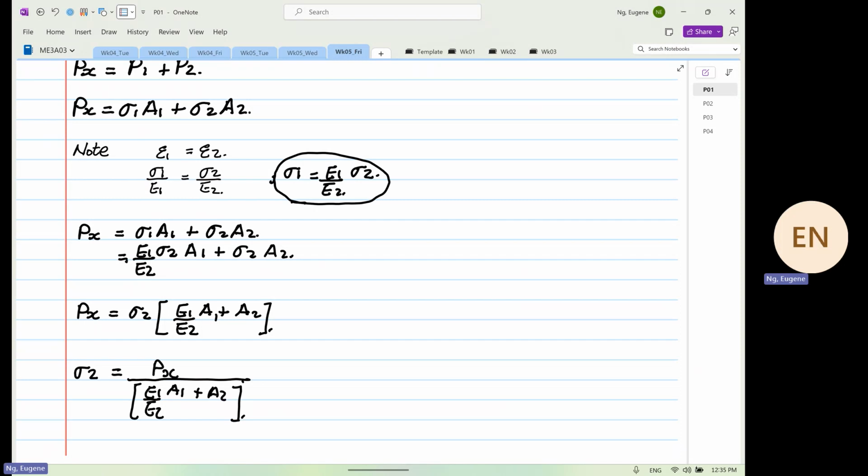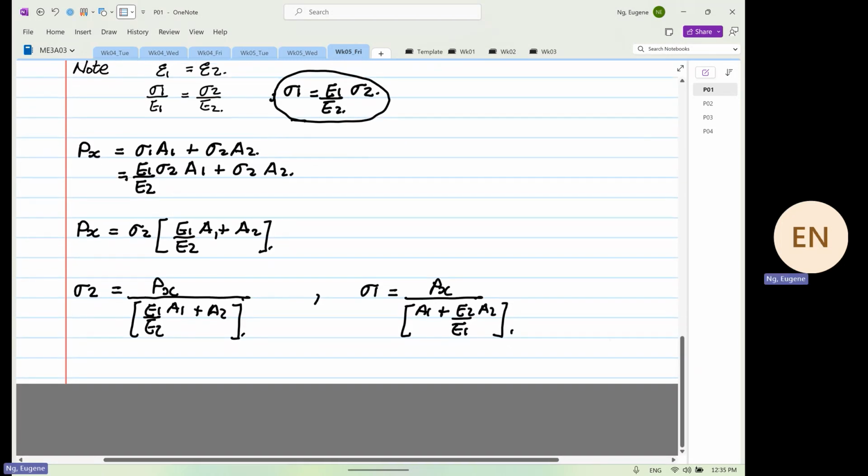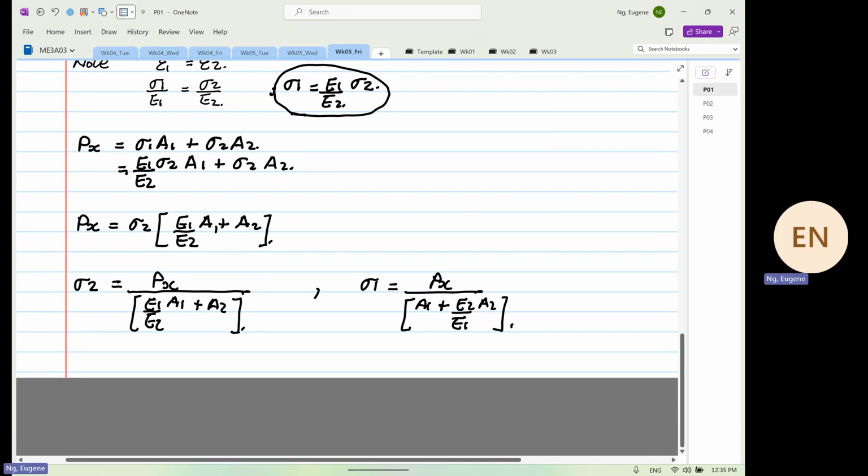And likewise, if I were to derive everything again, stress for material 1 is equal to Px over A1 plus E2 over E1 A2. Okay. So this is the formula that I will provide to determine axial load in the sandwich material. I repeat again, I will provide.